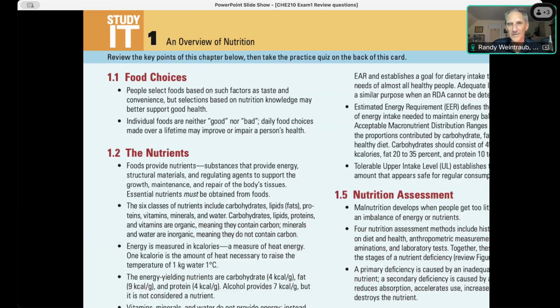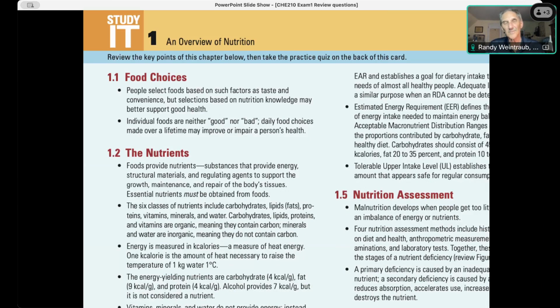Also, these are good for review. These are called the Whitney Study It guides. It's another file in the additional resources. This was in earlier versions of the textbook. I don't know why they didn't keep them in the last couple of versions of the textbook.